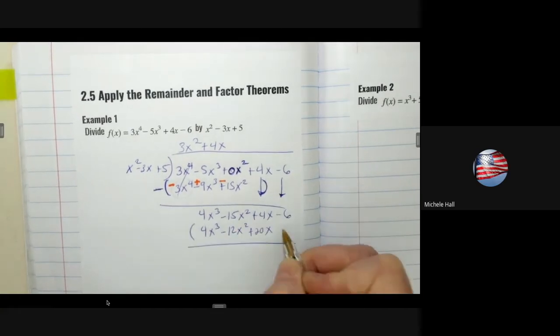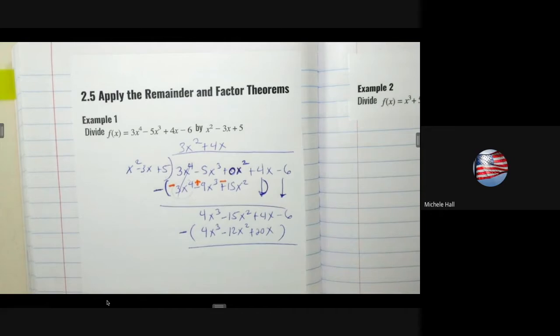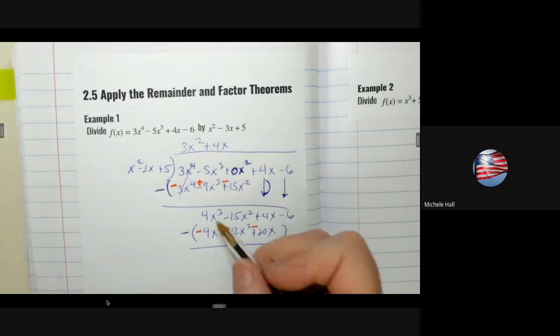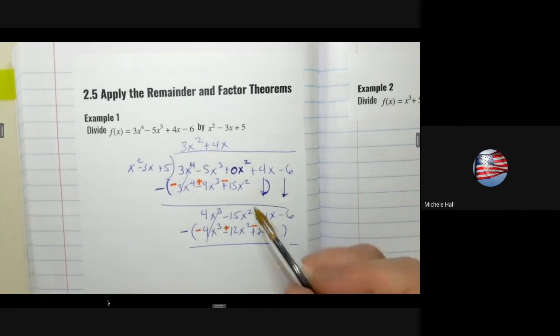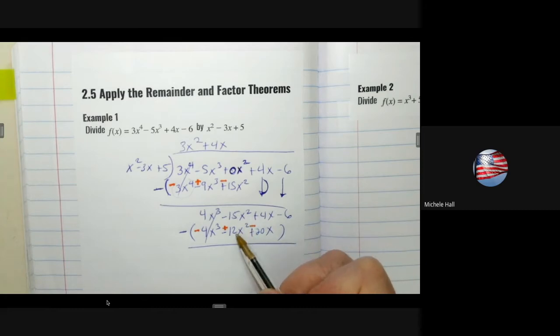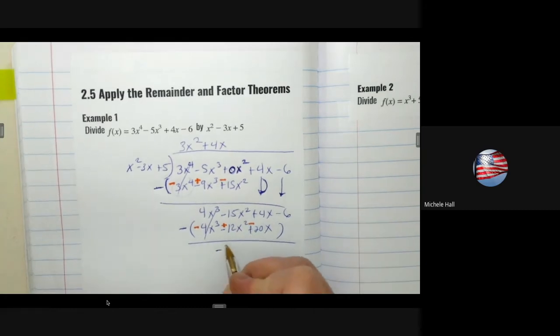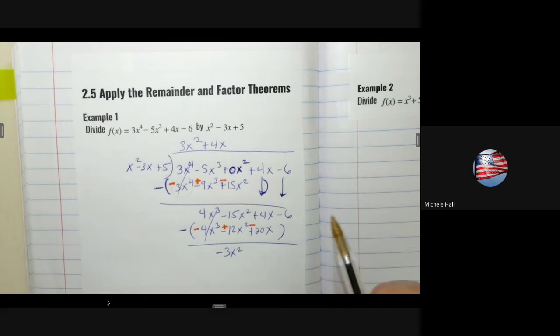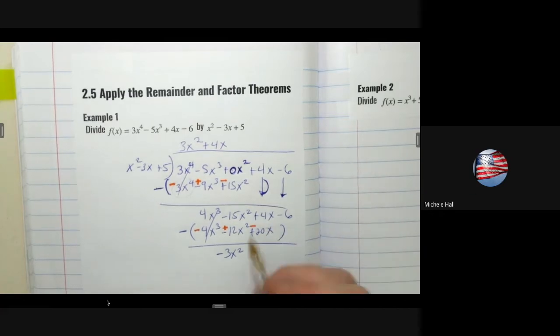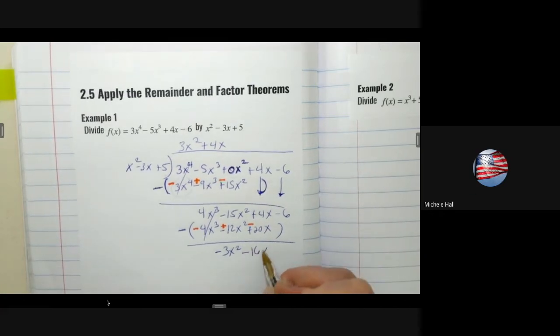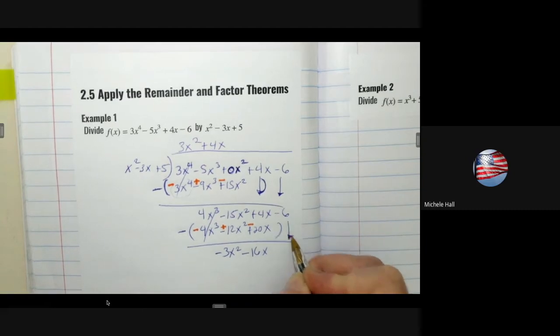Now we subtract. Change our signs. 4x cubed minus 4x cubed, negative 15, positive 12, negative 3x squared, and then 4 minus 20 is negative 16x, and I bring down my last term.